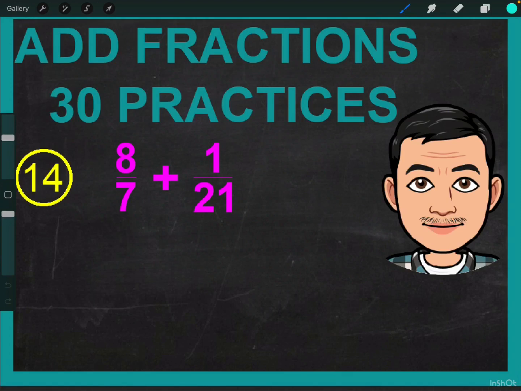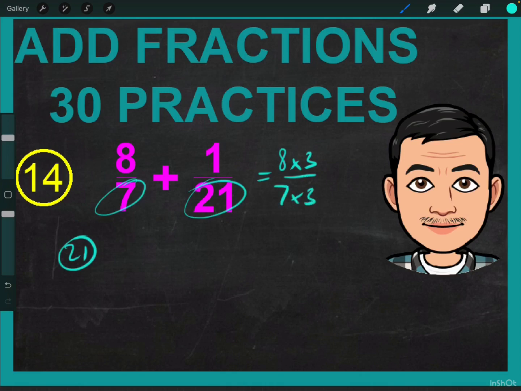Practice number 14. We have two fractions again with different denominators, 7 and 21. So we will go ahead and find the LCM for 7 and 21. 21 is the LCM. So we will convert the first fraction: 8 times 3 over 7 times 3, and the second fraction we just keep the same.